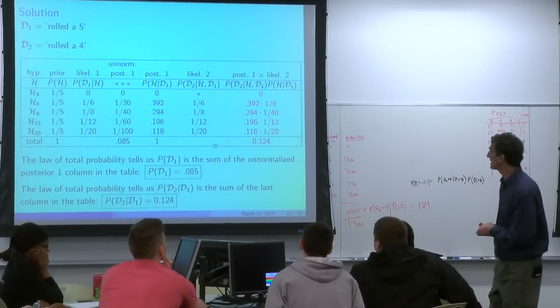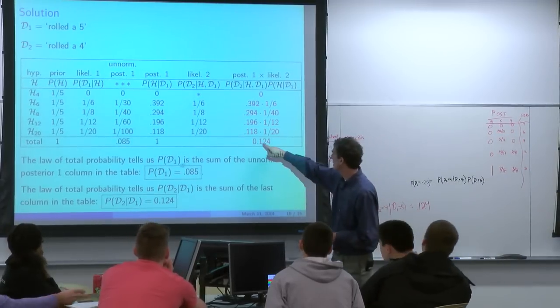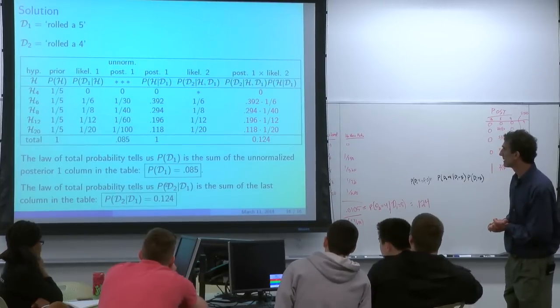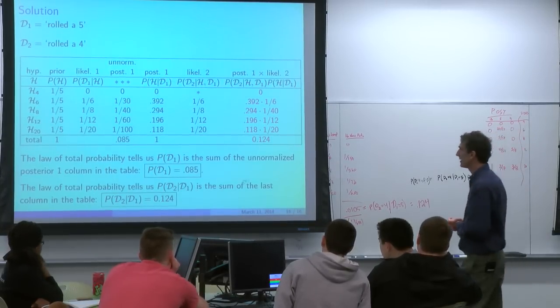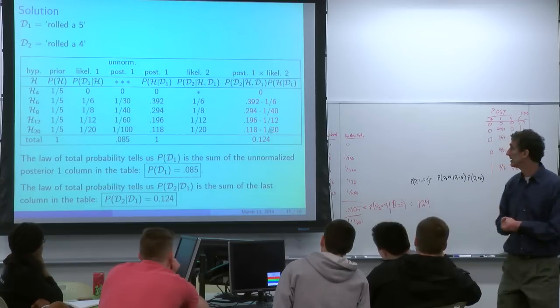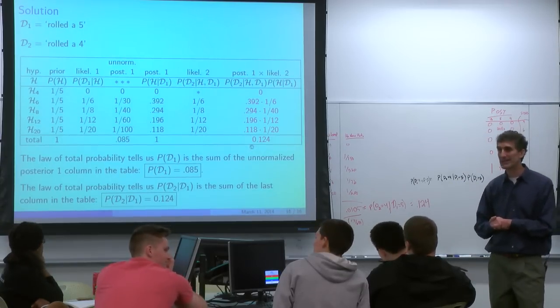So what's happened right here? What's become more likely? Well, this 0.124 seems a little bit larger than I would have guessed ahead of time. What's happened with rolling a 5 and then a 4 to make that a little bit bigger?